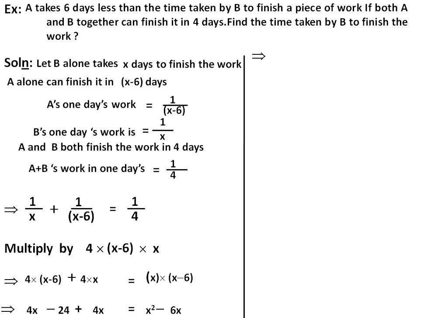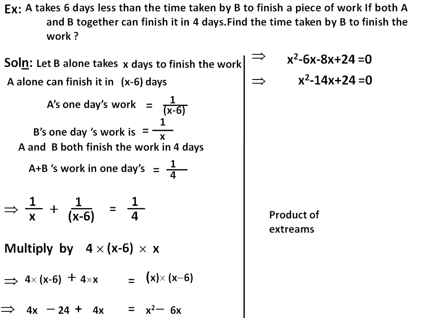Transferring to the other side, it becomes x square minus 6x minus 8x plus 24 is equal to 0. Minus 6x minus 8x is minus 14x. So x square minus 14x plus 24 is equal to 0.